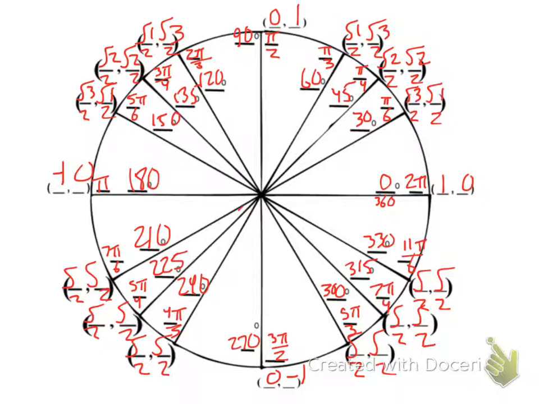Move into the third quadrant, where the 0 starts in the y coordinate. So 1, 2, 3, 1, 2, 3 on the way back. In the fourth quadrant, the 0 starts in the x coordinate. So 1, 2, 3, 1, 2, 3.